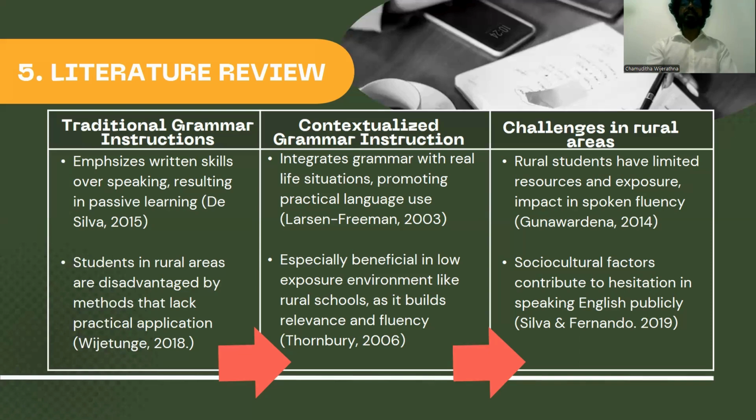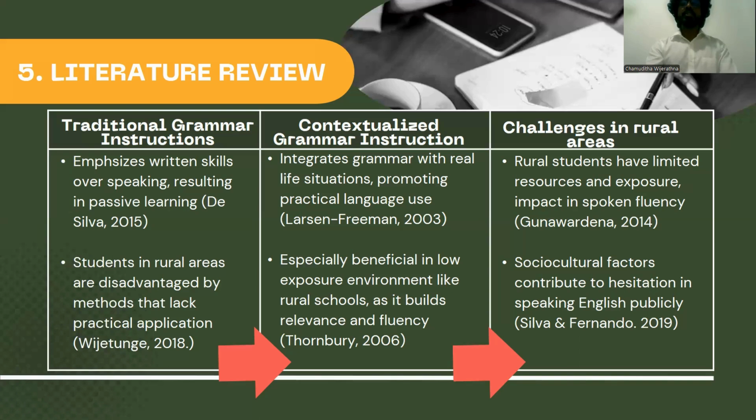So the third one is challenges in rural areas. These unique challenges faced by rural students in Sri Lanka add another dimension to this discussion. Wijerathna 2014 identifies limited exposure to English as a primary obstacle, as most rural students have few opportunities to practice speaking outside the classroom.